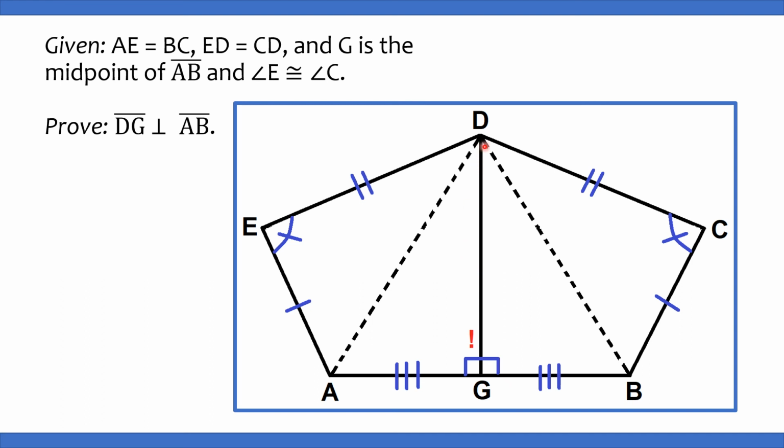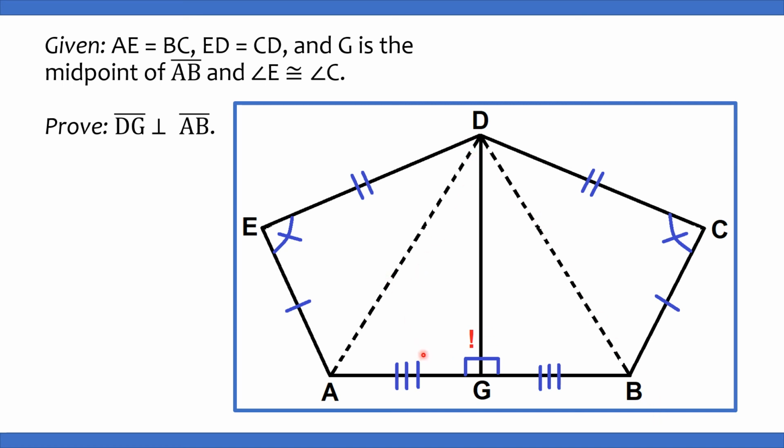Okay, we can have these 2 segments to be equal by using these 2 triangles. Are these 2 triangles congruent? Yes, by SAS postulate. And so, by CPCTC, AD is equal to BD.